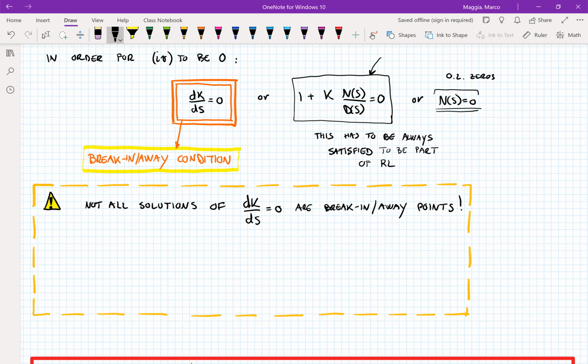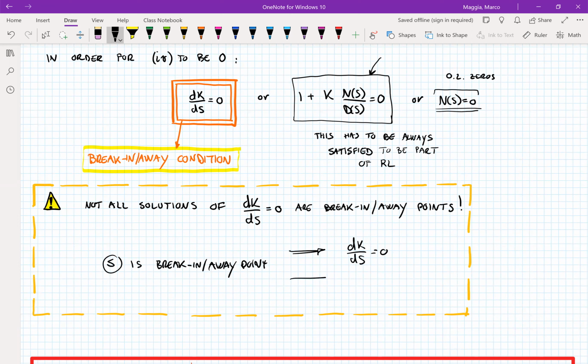So you can think about it this way: if s is a break-in or breakaway point, then this implies that it is a solution to dk over ds equals 0.